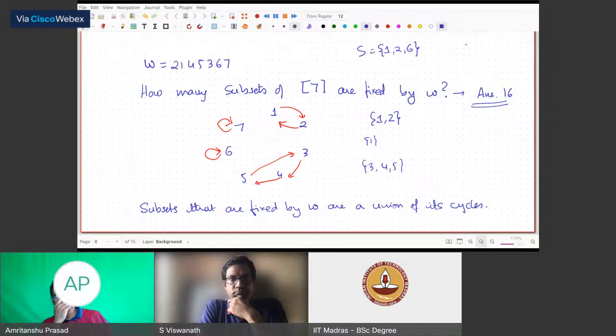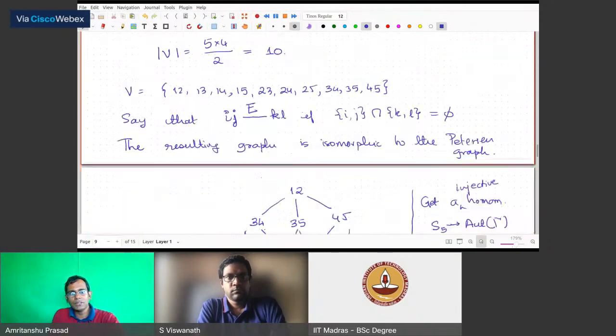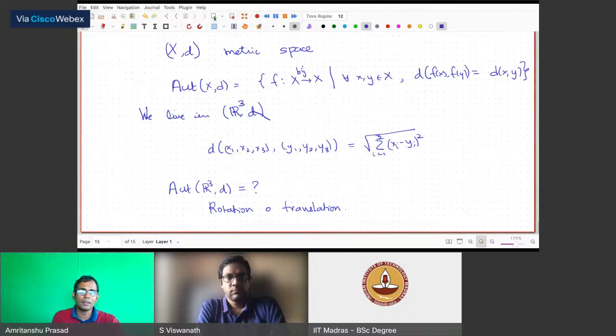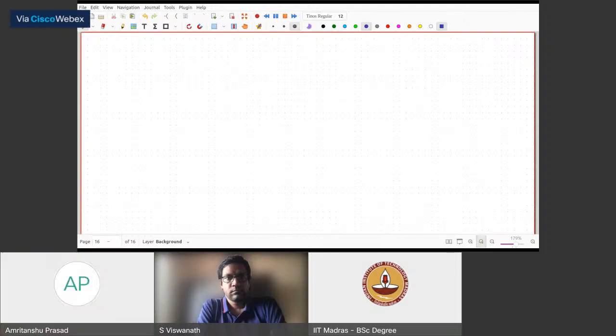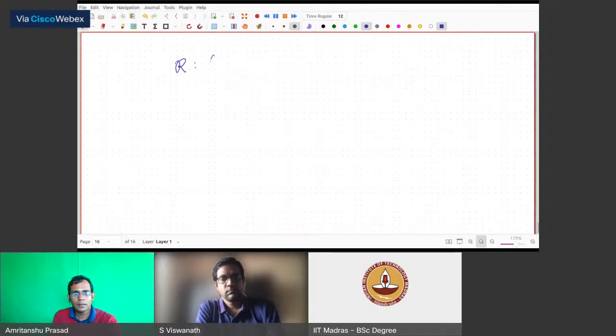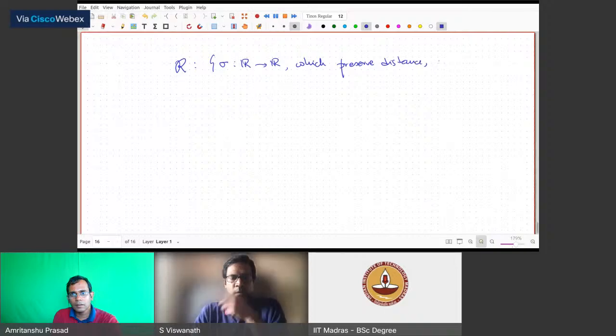So the last problem on assignment 2 is: the group in question is automorphisms of R, bijections R to R which preserve the distance between points and take integers to integers.